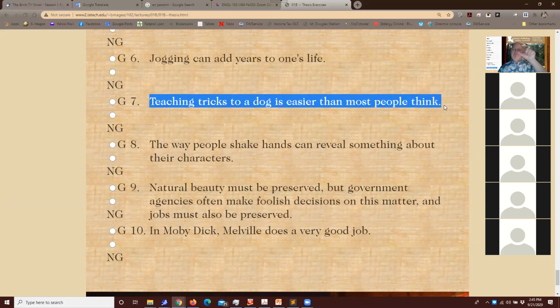Will there be big books on that shelf? Will there be big books in the library on teaching dogs, training dogs? Yes. And do you want to write a book? I do not. So it would be too big if you're approaching it that way.